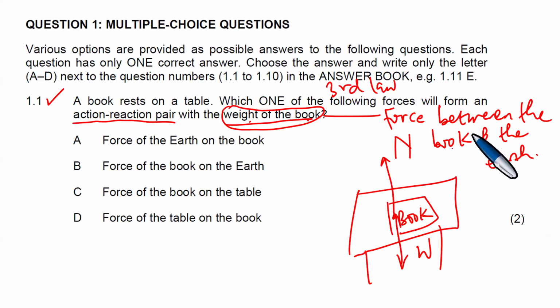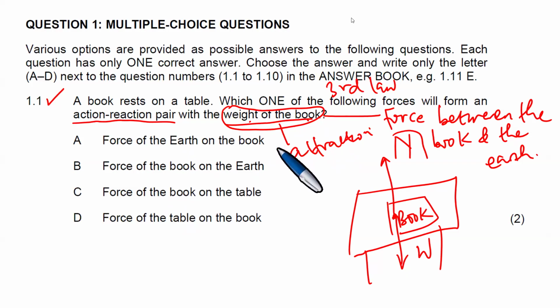The force between the book and the earth is called the weight of the book. And obviously this is the force of attraction. So the weight of the book is the force of attraction between the book and the earth.